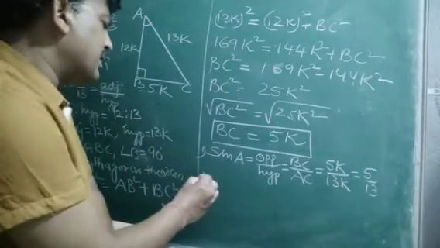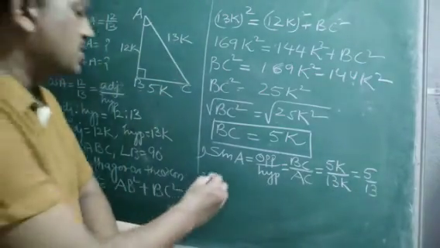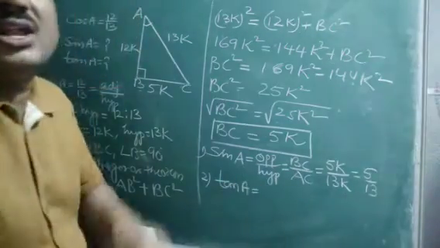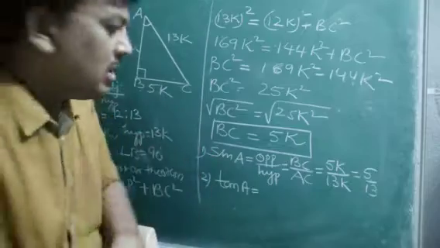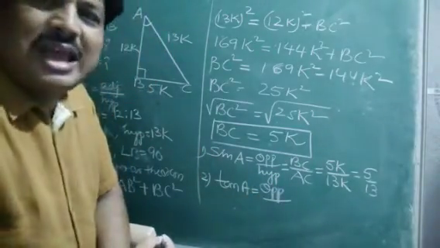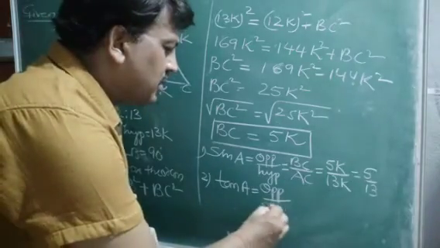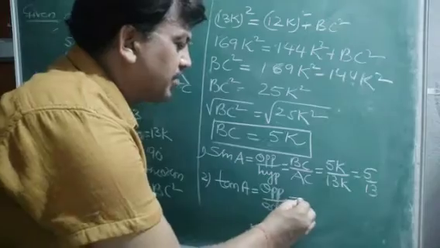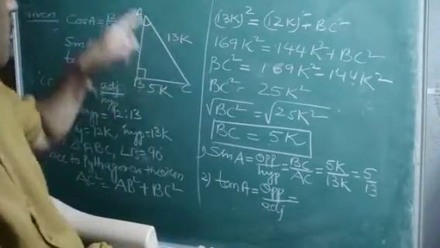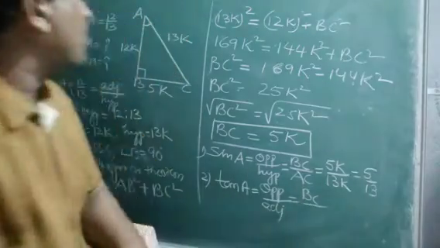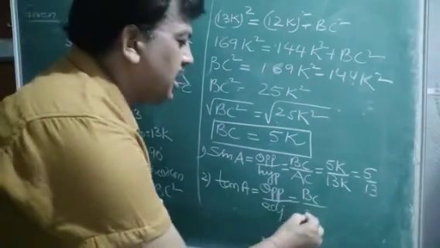Next, the second part. What do you have to find out? Tan A. So tan A is equal to what, children? Opposite upon adjacent. Always remember this memory tip. Opposite side is BC, upon adjacent side AB.